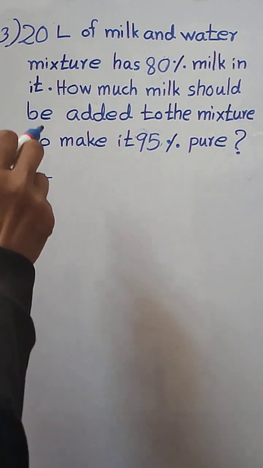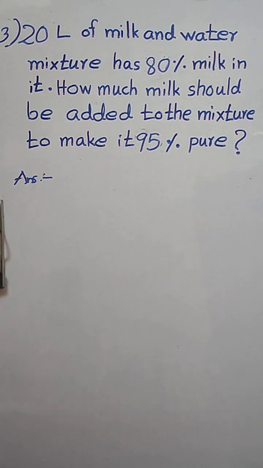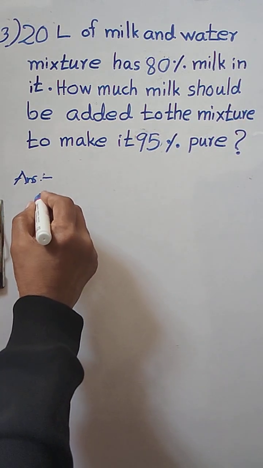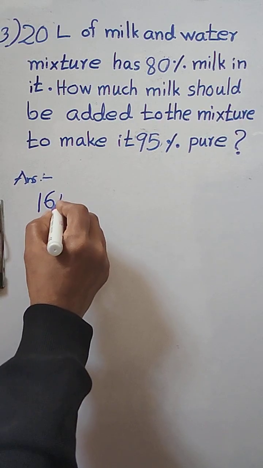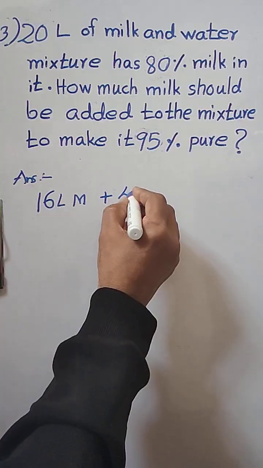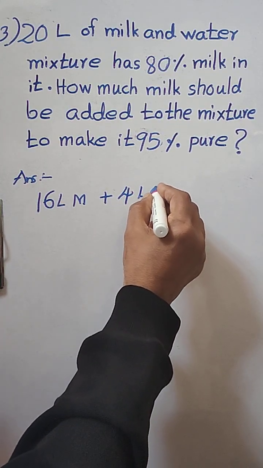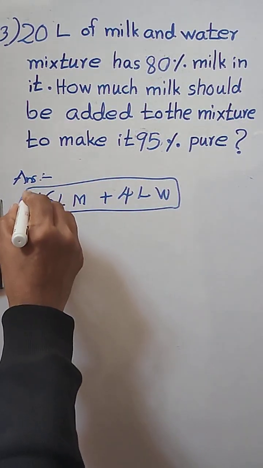First, let us find 80% of 20 is 16. Originally 16 liter milk and 4 liter water is there. This is the original amount.